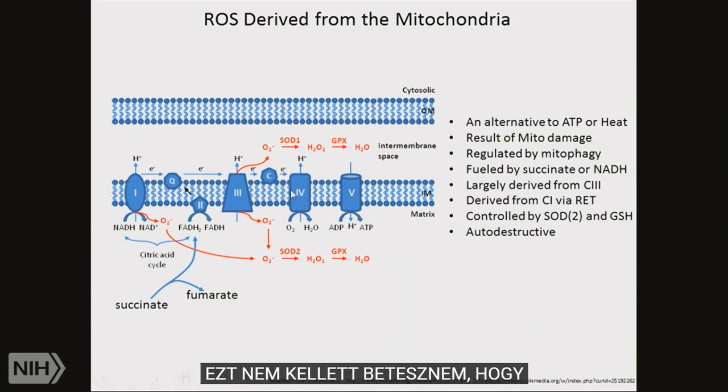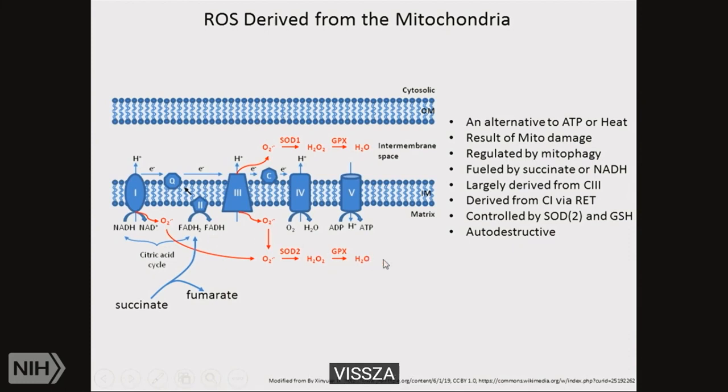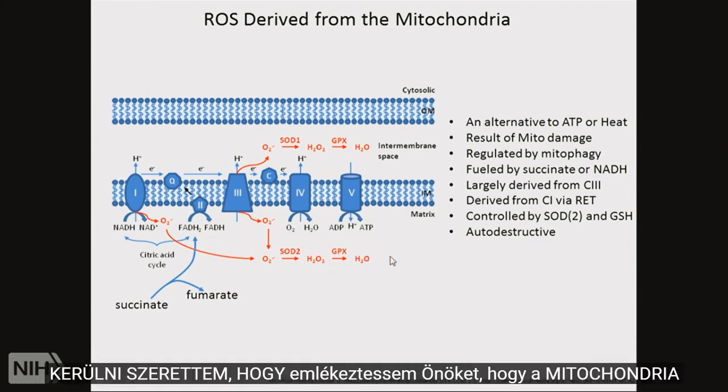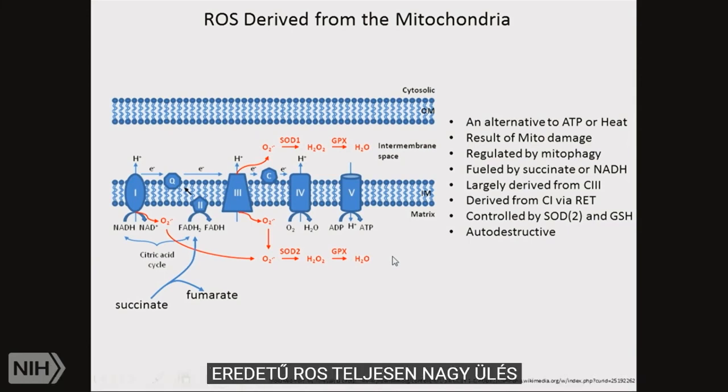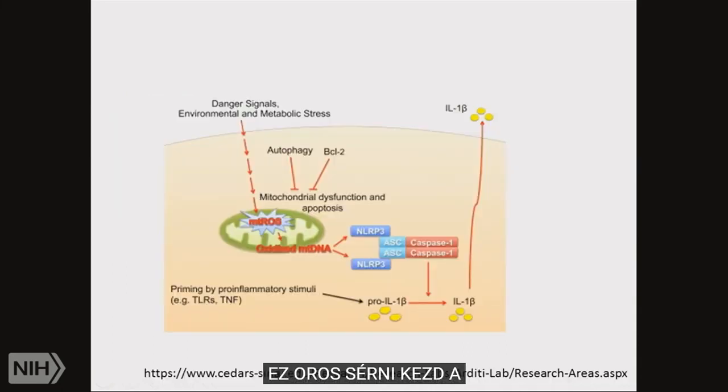I wanted to come back to here just to remind you that mitochondria-derived ROS is absolutely a big deal here, and can still control the metabolic activity because this ROS starts to hurt the mitochondria.